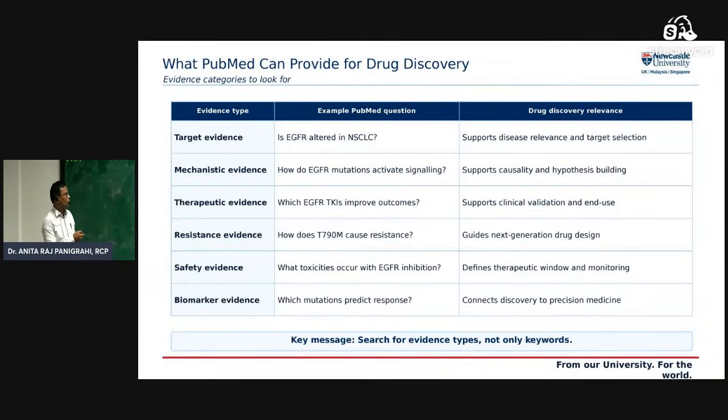Then these are the questions that you need to ask. Is EGFR altered in NSCLC? How does EGFR... Here I want to highlight for people that in a research question, we cannot use the word "can". That is not a research question.